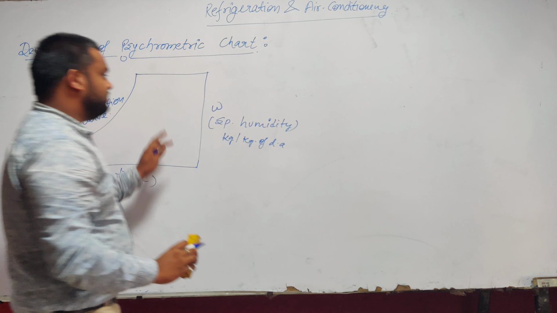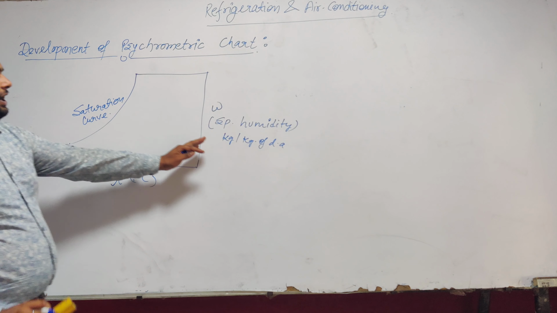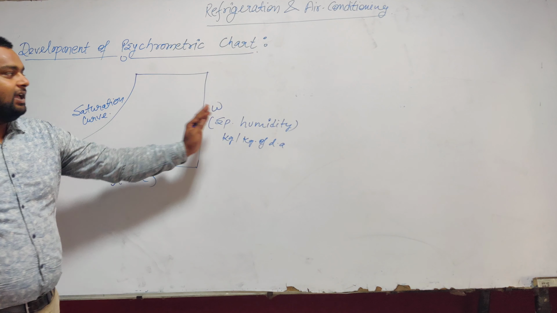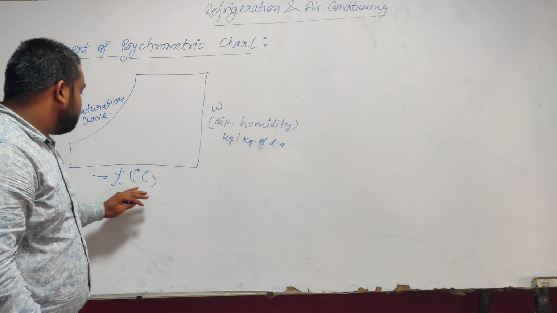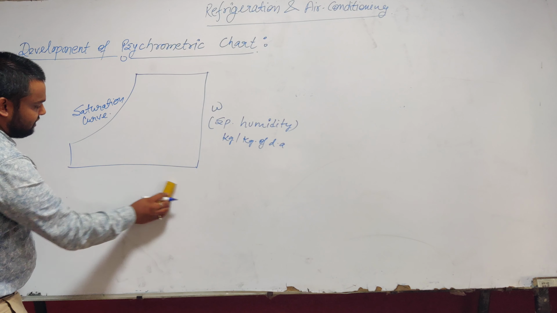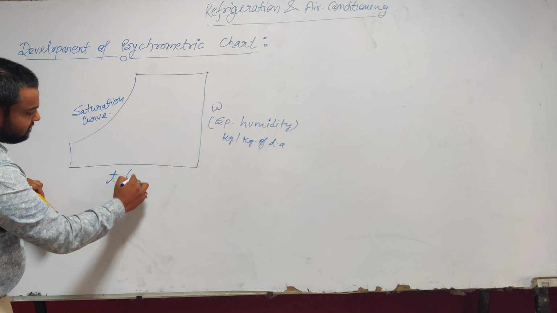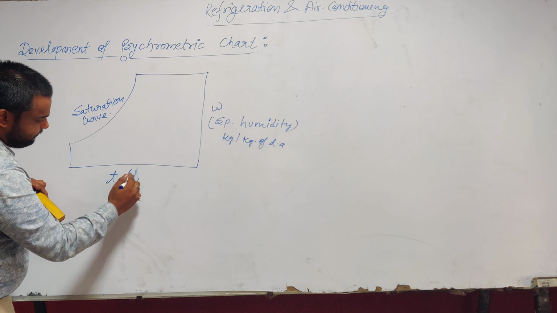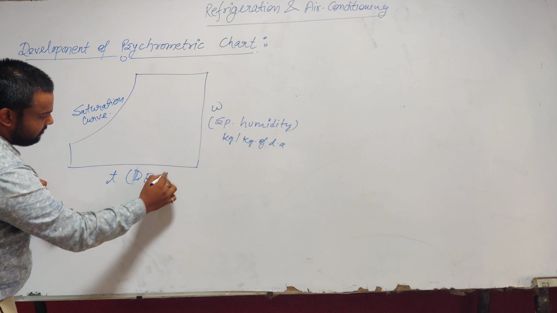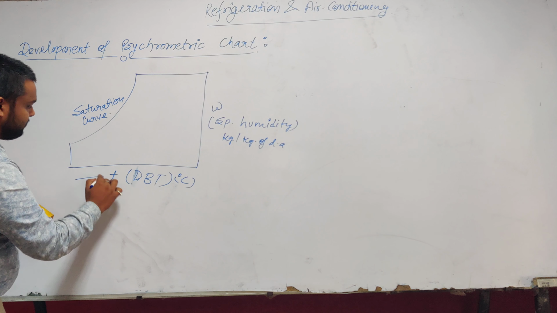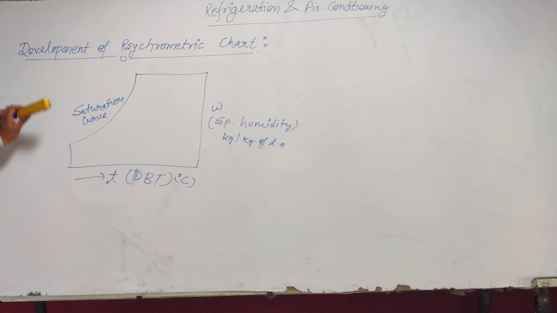Nowadays the chart is like this: on the y-axis there is specific humidity and on the x-axis there is saturation temperature, meaning dry bulb temperature, in degrees centigrade. So this is our chart.